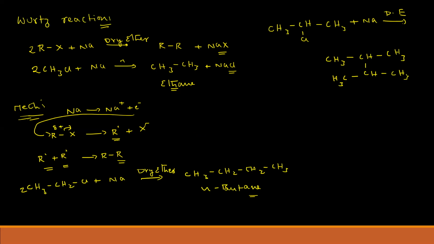As we are saying, this Wurtz reaction takes place through a free radical mechanism. So in this free radical mechanism, disproportionation and combination take place. For example, whenever you have an alkyl halide like this and it undergoes the Wurtz reaction in the presence of dry ether, this is the disproportionation reaction and this is the combination reaction.